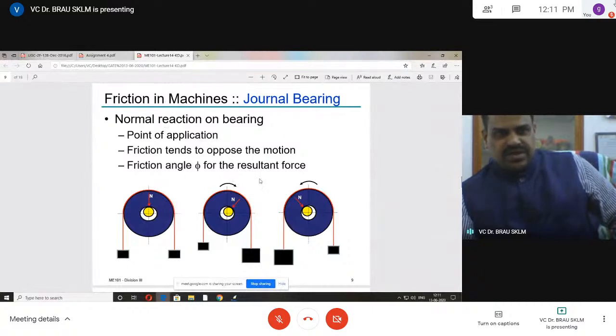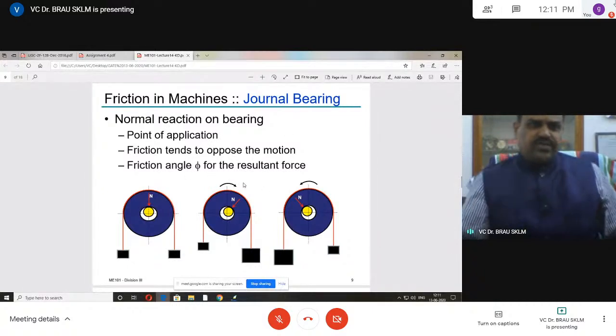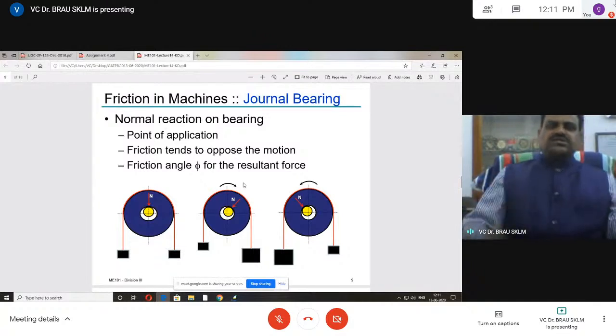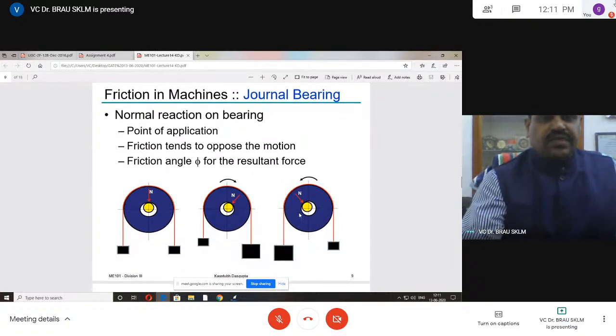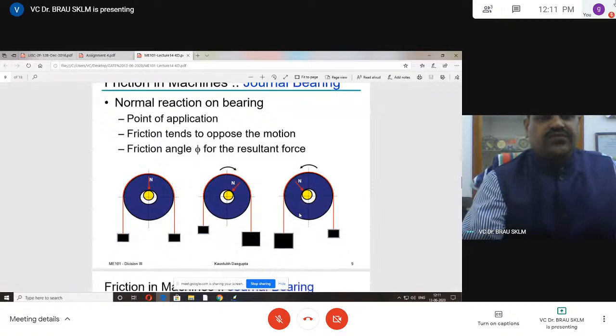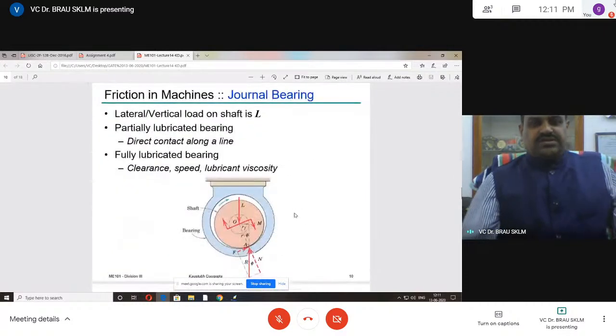When you are discussing bearings, we will try to use it. From a dependable system to small, some more concepts will come into the picture. See the analogy here, how when it is rotating, how this point is shifting, because we will consider wear and tear and other things. See now, friction in machines like general bearings, that is the analysis. Draw a free body diagram, and see what forces you represent.